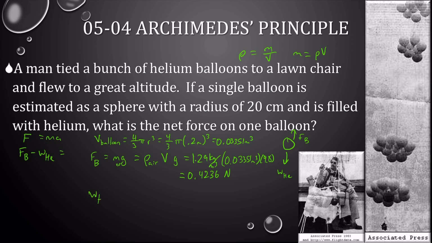The weight of the helium, well, same idea, it'd be the density of the helium times its volume, that'll be the mass, times g. So density of helium is 0.179.